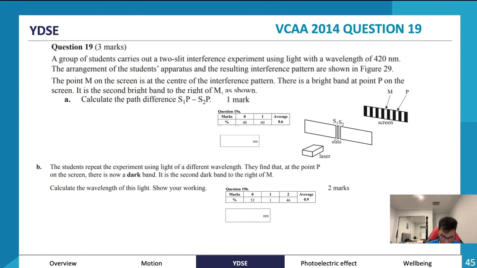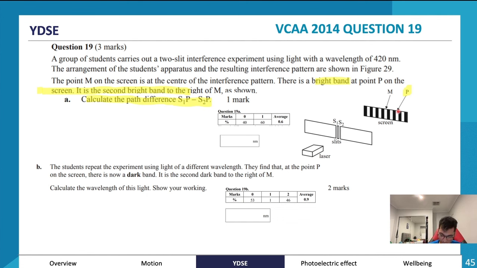Cool. So in this question, we want to calculate the path difference at point P, which is over here. I think it tells us somewhere that point P is the second bright spot. If it didn't tell you this information, you would have to count it from the diagram. So if M is the center, this is the first, this is the second bright spot.